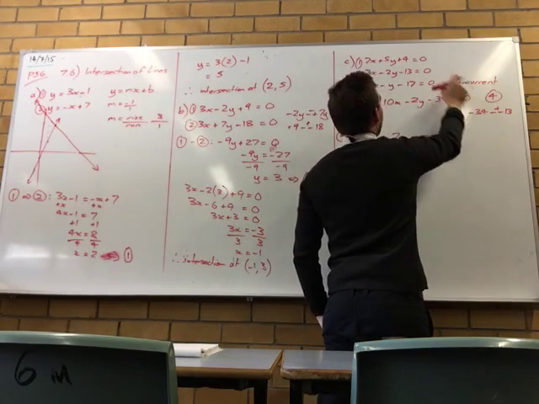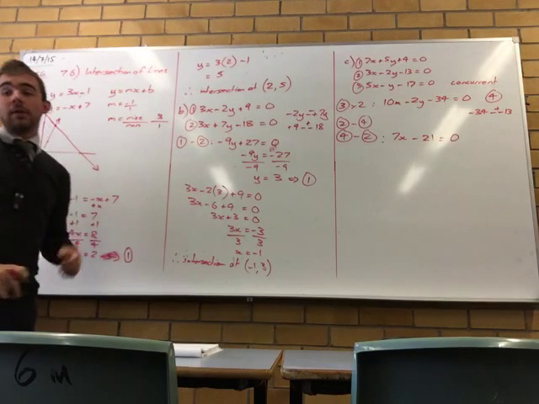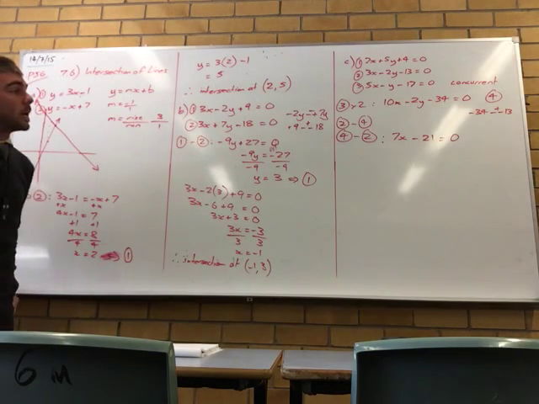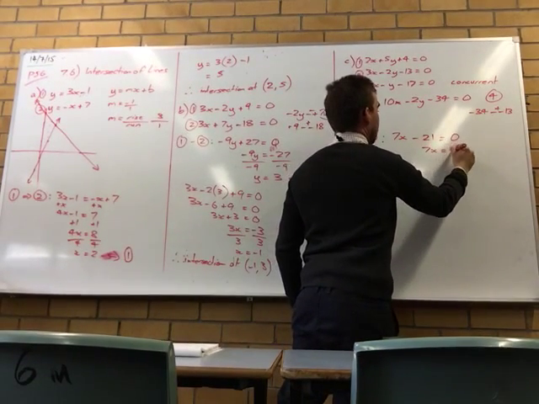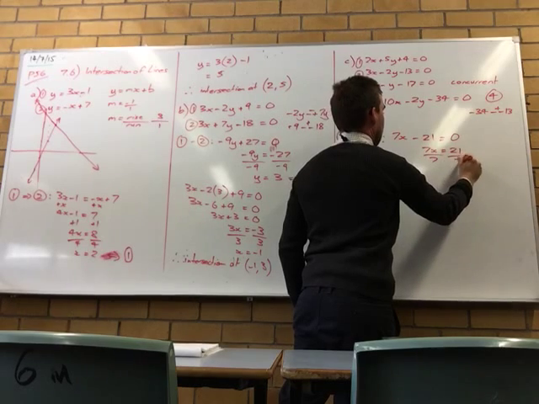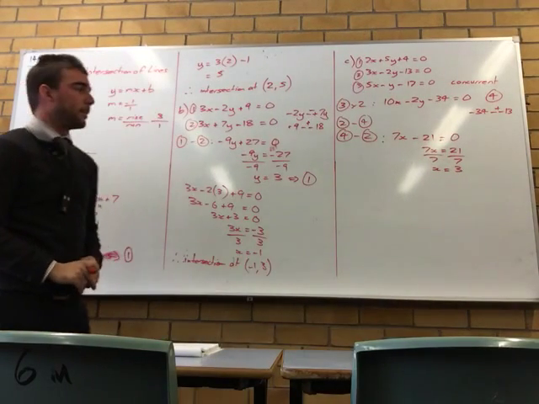Alright, and then you have 0, take away 0. Okay, so this skill was covered in chapter 3, when we did simultaneous equations, we're just now applying it. Alright, so let's solve our equation. So x equals 3.